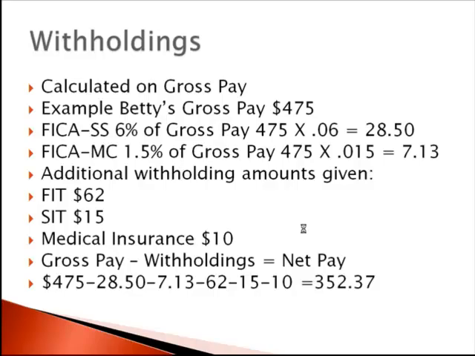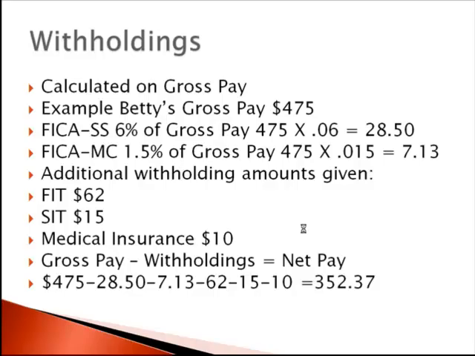So if we do the actual math in this particular problem, $475 times 0.015, the answer we get is 7.125. By following our rounding rules, the third decimal place is a 5. A 5 or more means round up, and that's how we get to our answer of $7.13.